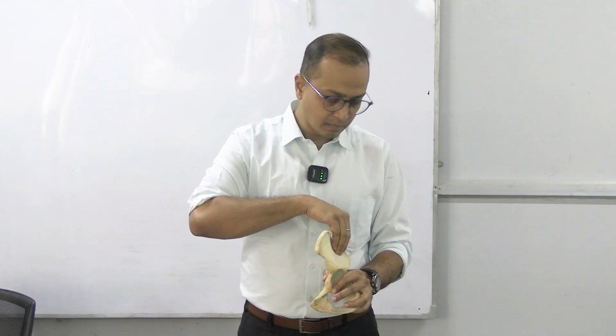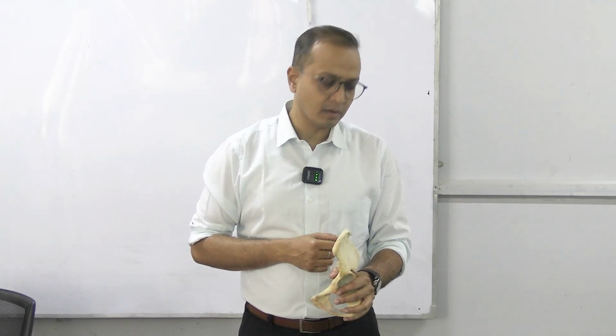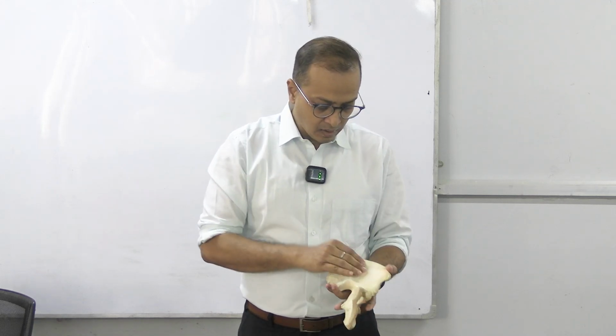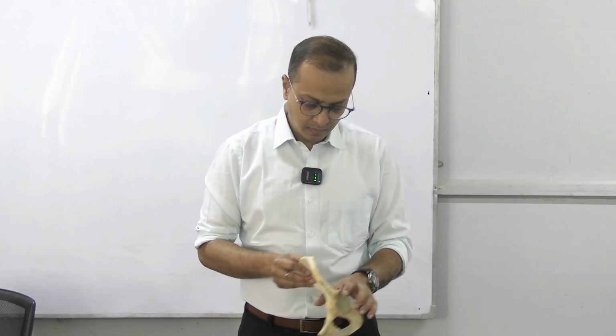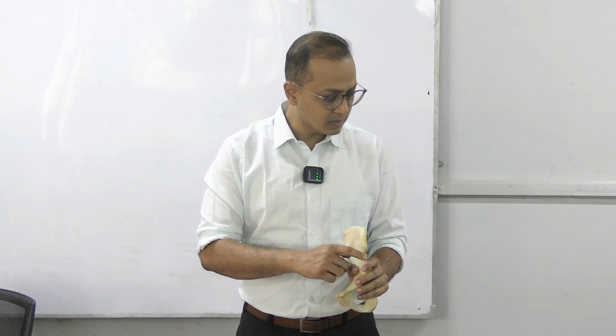So this blade is attached to the lateral surface, or gluteal surface. On the inner side, we have this big area, the iliac fossa, with the iliacus muscle attached to it. Coming to the lips over here, the anterior abdominal wall muscles are attached.